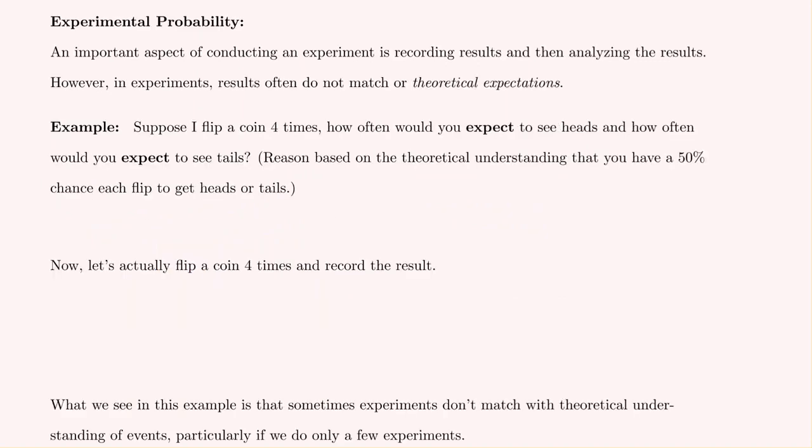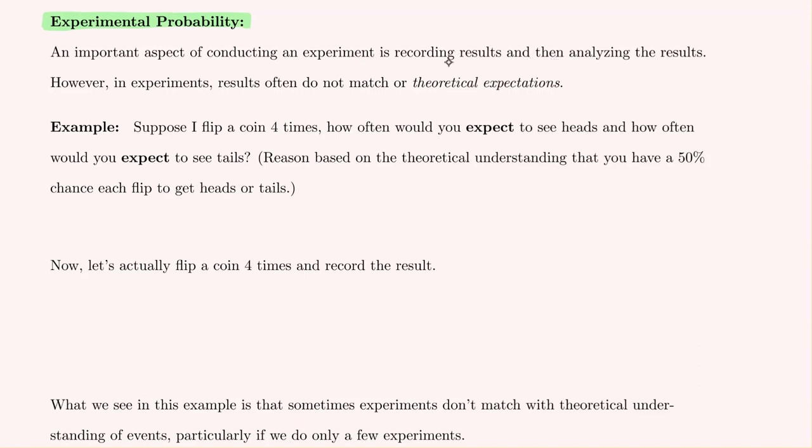To this point in the notes, we've been dealing with theoretical probability. In a theoretical experiment, what are all the possible outcomes? How many ways could what I want to occur? And that's how we calculated the probability. Now let's turn our attention to experimental probability. In experimental probability, we will conduct the experiment and record the results.